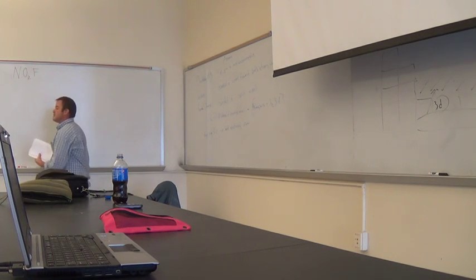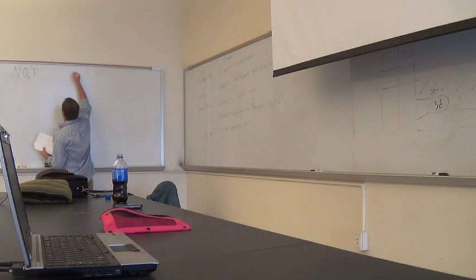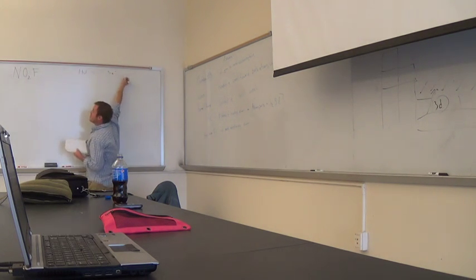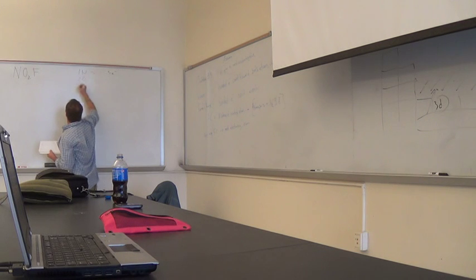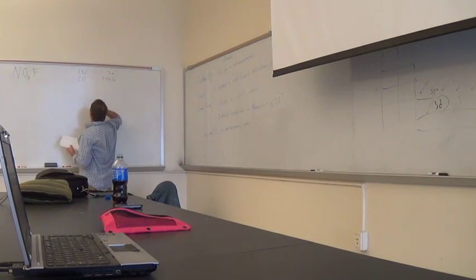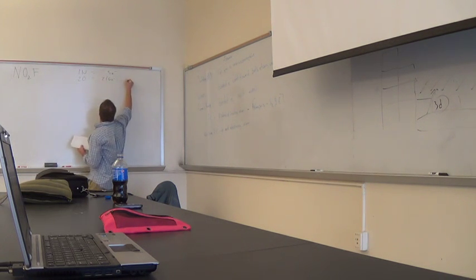How many valence electrons? We've got 1 nitrogen, 5 electrons in the nitrogen, 2 oxygens, 2 times 6 electrons for the oxygen. It's 12.